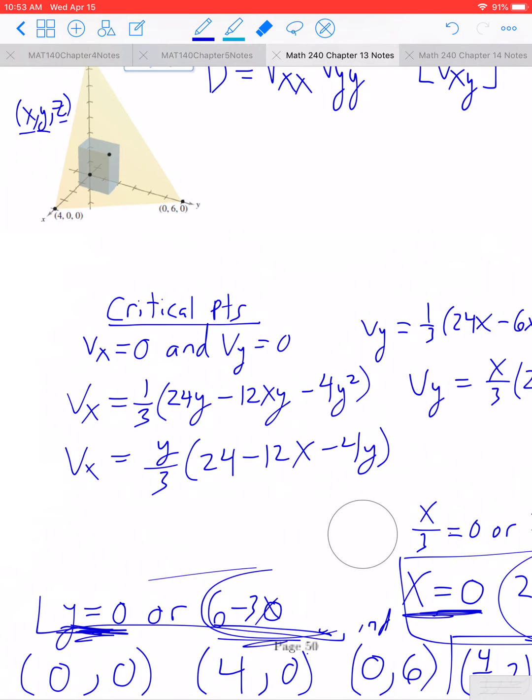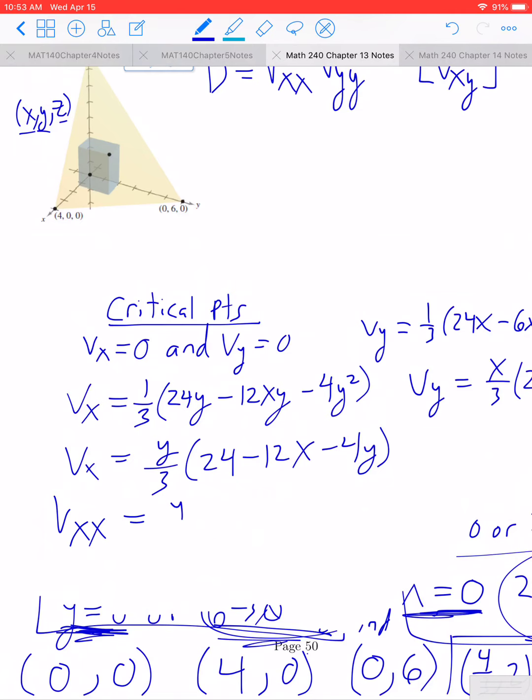If I calculate the second partial with respect to x, keeping y constant, this would be y over 3 times negative 12, which is simply negative 4y.